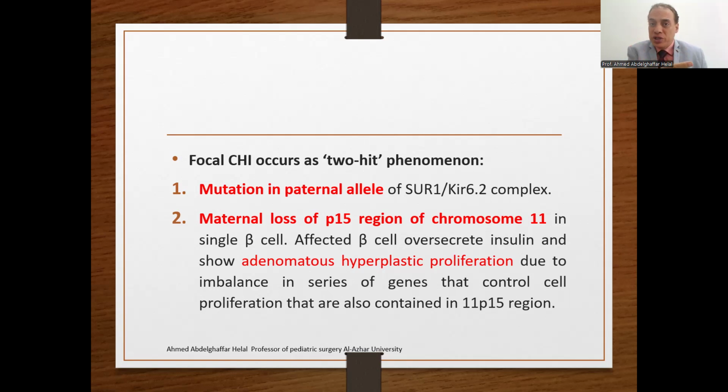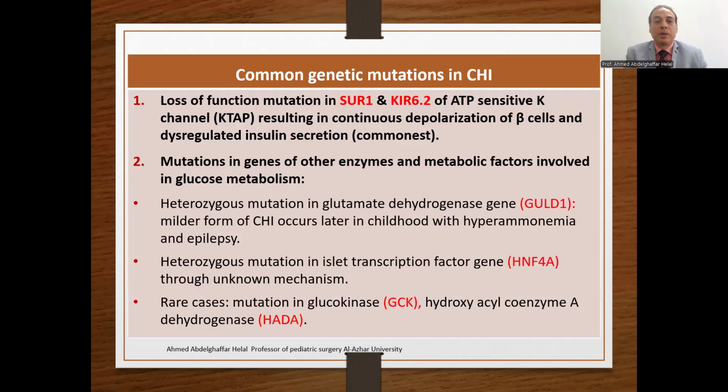So there will be congenital hyperinsulinism, yes, plus another pathology, which is adenomatous hyperplastic proliferation due to loss also of the series of genes that control cell proliferation. So here you will find hyperinsulinism with a mass, adenomatous hyperplastic proliferation in this affected beta cell. I hope to be clear.